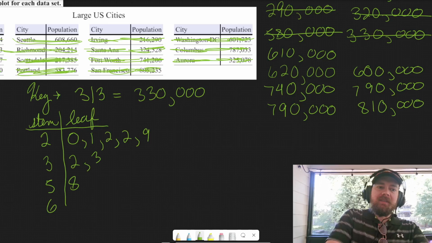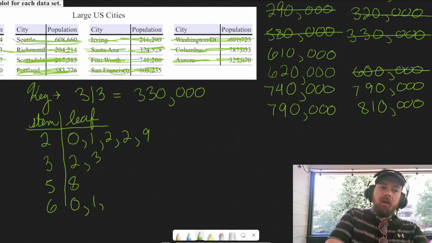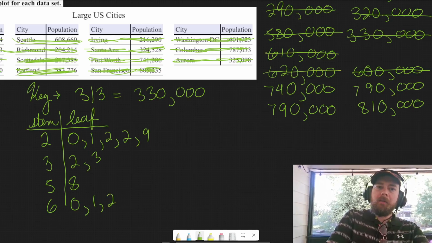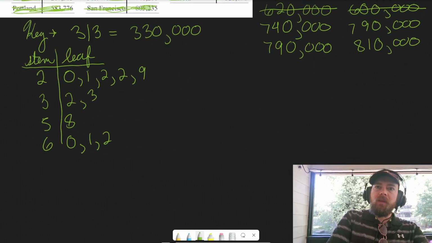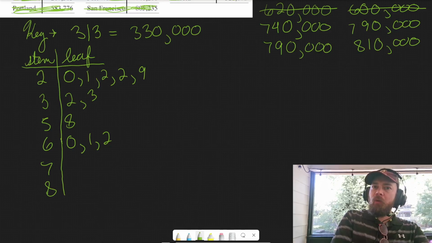I do have some 6's. Looks like the lowest is 600, so that would be 0. 6, 0 would be 600,000. Then a 1 and a 2 for 610, 620. Okie dokie, we're almost done now. We've got 7's and 8's, so let's go ahead and put a 7 and an 8. 7, 4, and 2 7 9's.